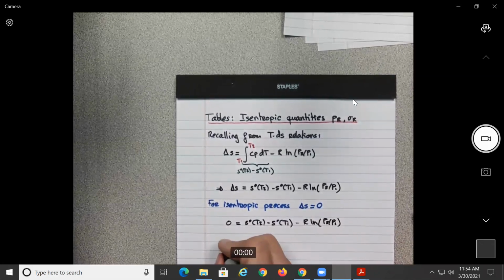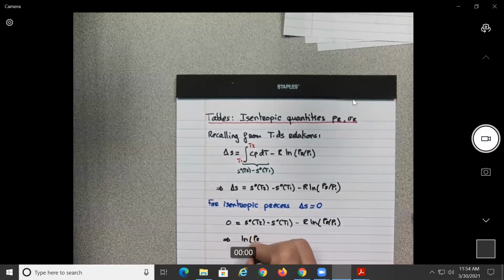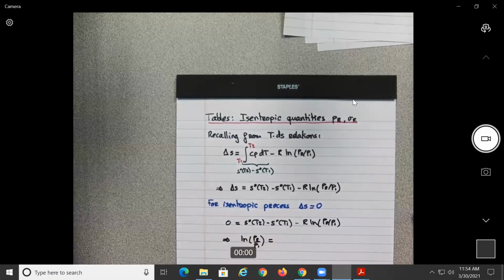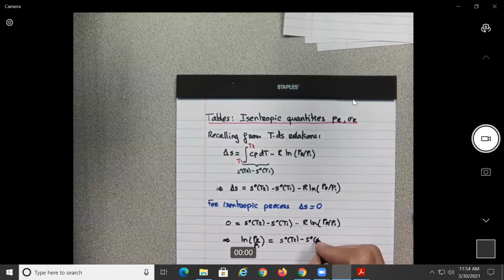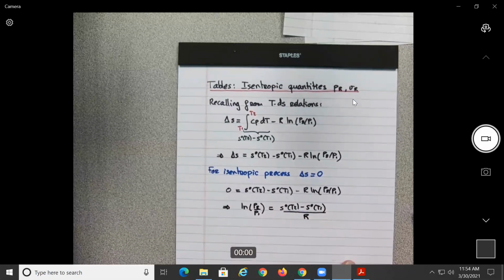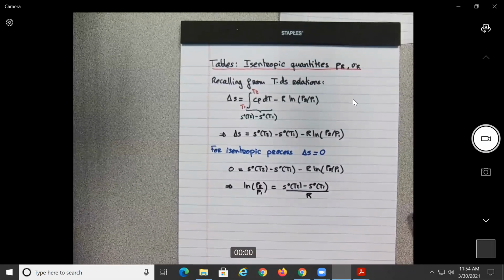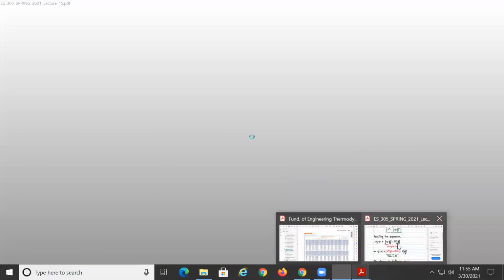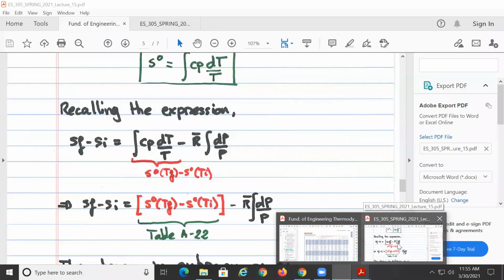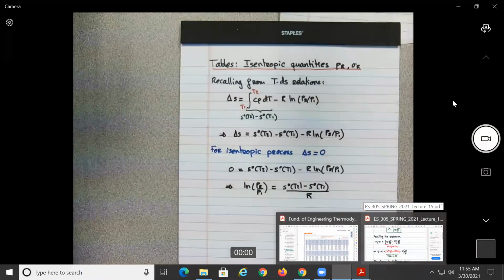Or this will give you that log P2 over P1 will be equal to S upper naught T2 minus S upper naught T1 divided by R. Guys, somebody mentioned, and it's right, that on the previous notes we use the R bar. So let's use the same notation for these ones, R bar.